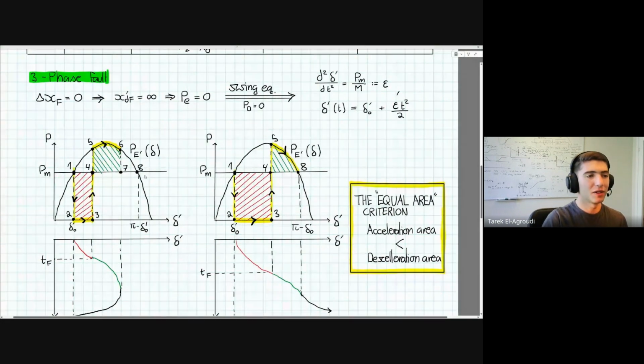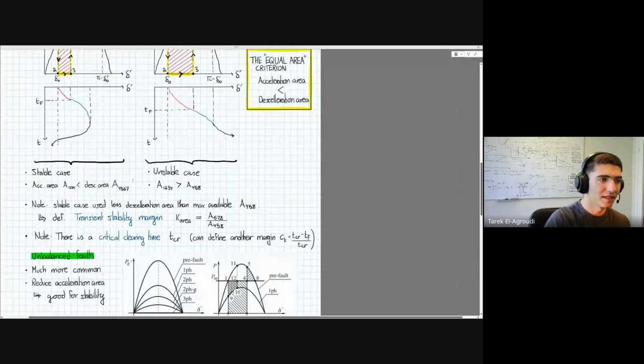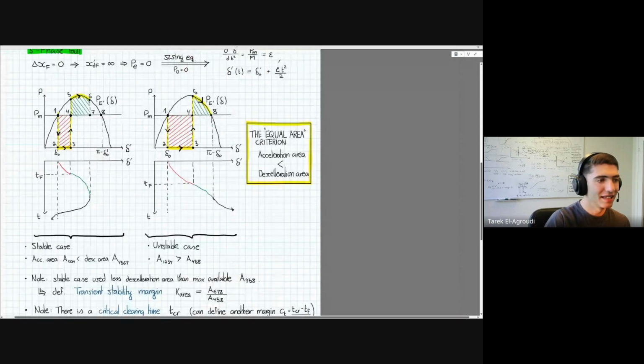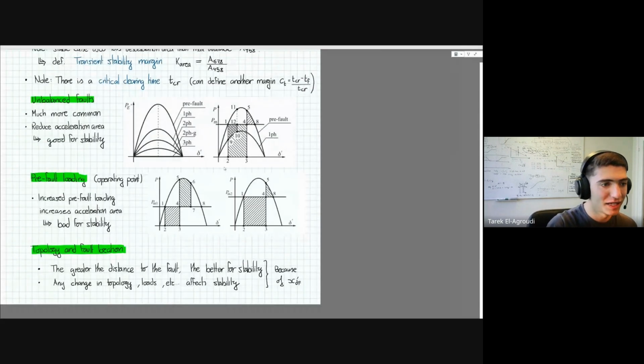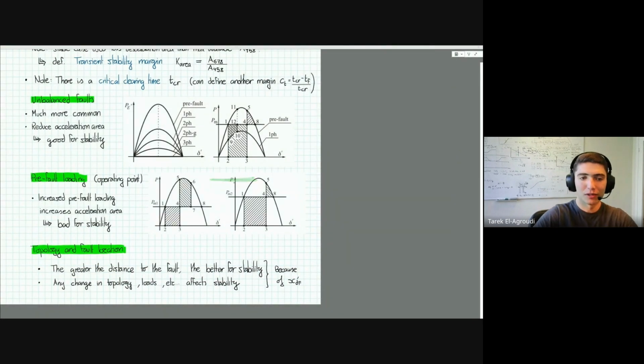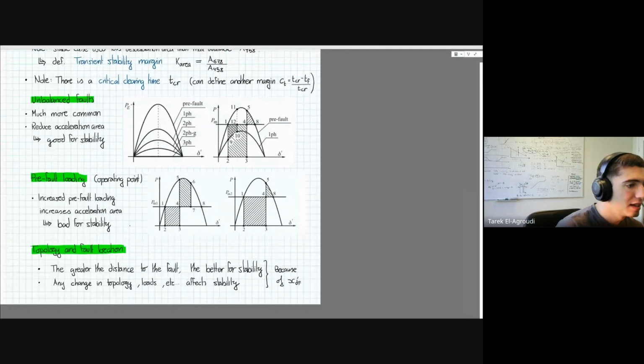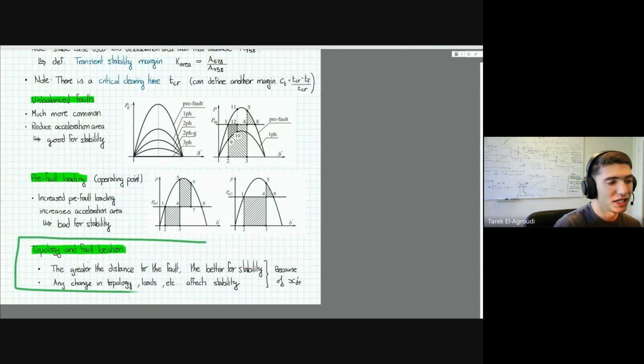And for me, it also makes some intuitive sense that you have to pay a price in stability when operating at higher mechanical power. So the more you produce close to your limits, the more you have to pay in stability margins. And finally, the topology and the fault location.